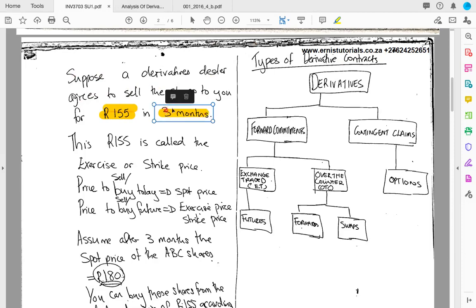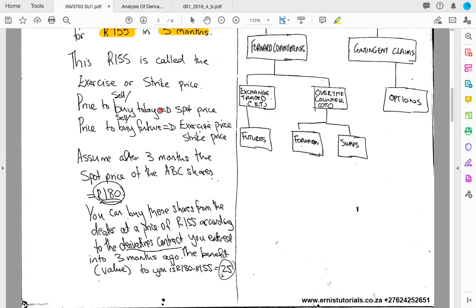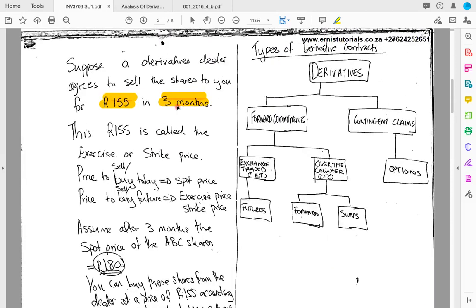So let's say you wish to buy shares in 3 months, but you're afraid that the price of these shares in 3 months will be too high. So let's say you approach a derivatives dealer and the dealer agrees that 3 months from now, I will sell these shares to you for 155 Rand.